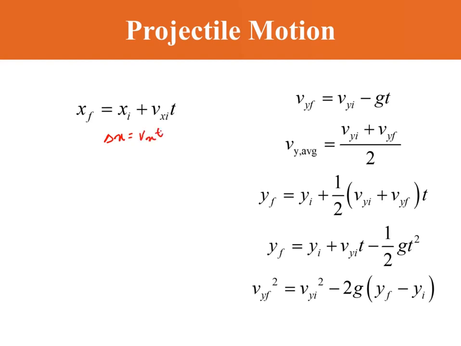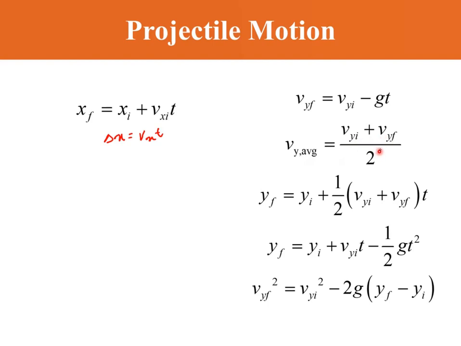For the y equations we have all these from before, where ay becomes g, so most of the equations become minus. So v final equals v initial minus gt. And the average velocity equals v initial plus v final, over 2.